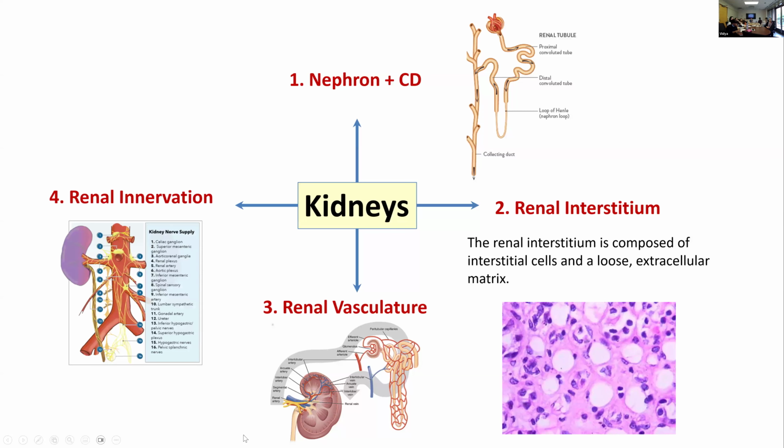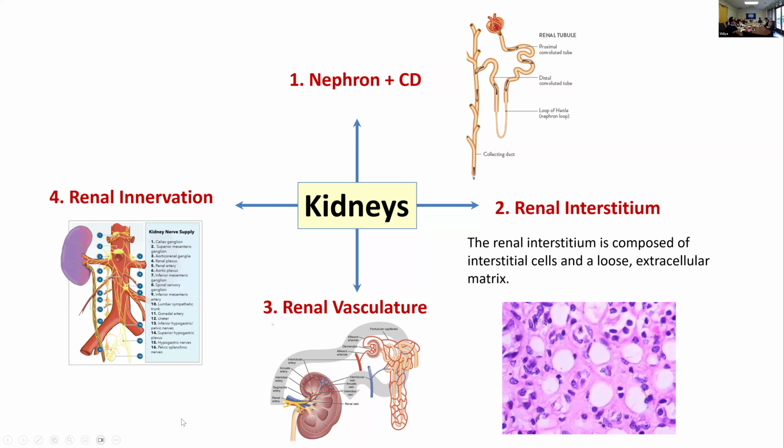Renal innervation is also a main component. The kidneys receive nerves from the renal plexus, and they have afferent and efferent nerves. The sympathetic part of the renal innervation is important for blood pressure regulation and also as a baroreceptor mechanism.